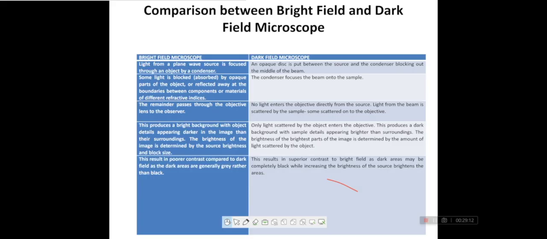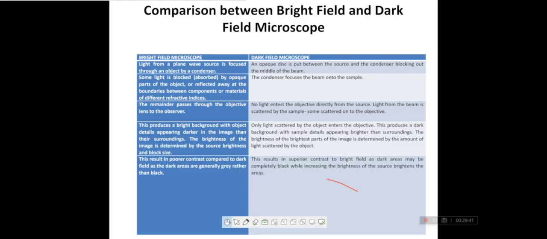Light from a plane wave source is focused through an object by a condenser in bright field, and in dark field an opaque disc is put between the source and the condenser, blocking out the middle of the beam. In bright field microscopy, some light is blocked by opaque parts of the object or reflected away at the boundaries between components or materials of different refractive indices.